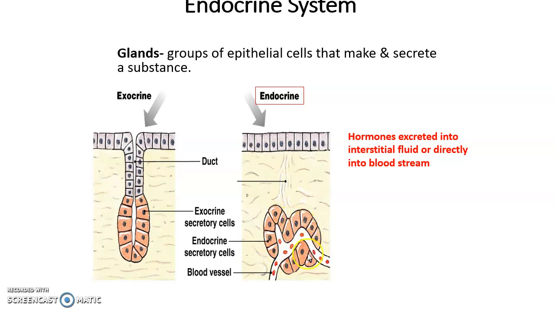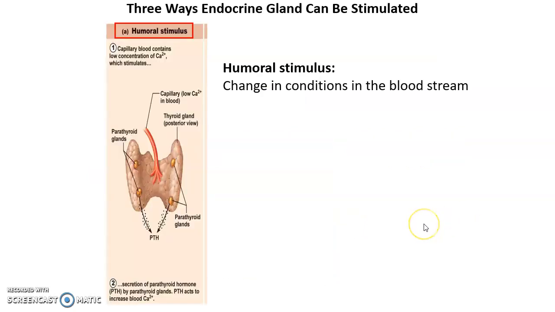Instead, they secrete hormones, and these hormones are released directly into the bloodstream or into the tissue fluids, the interstitial fluids surrounding the gland, which often then goes into the bloodstream. So, the endocrine gland can be stimulated to release its hormone by three different stimuli.